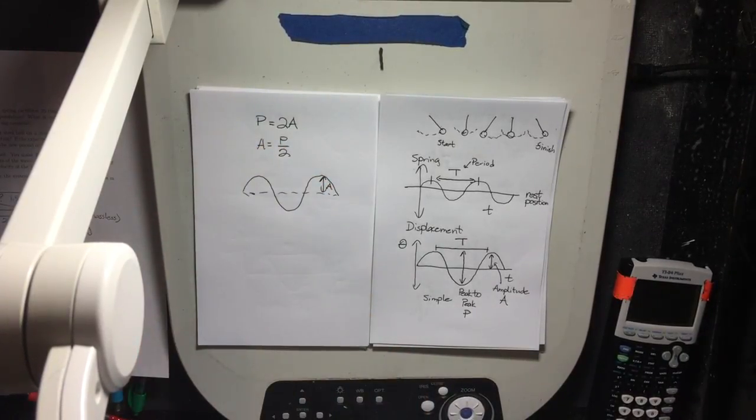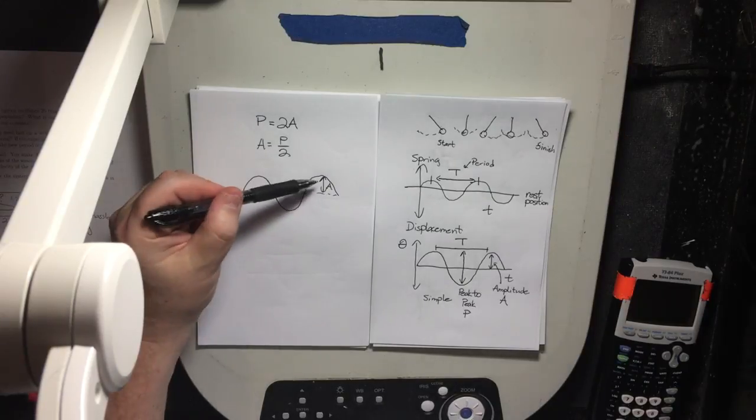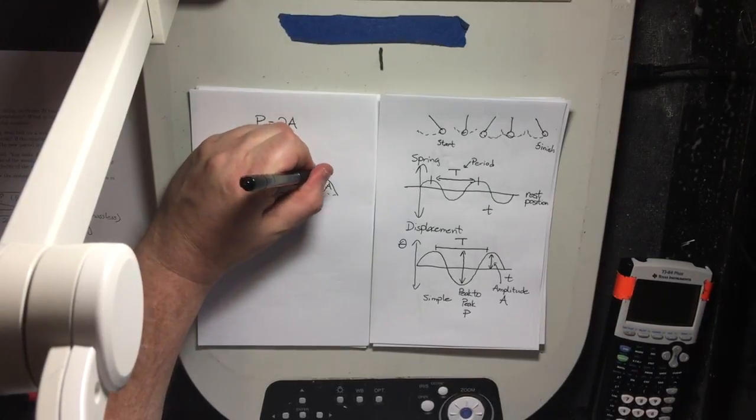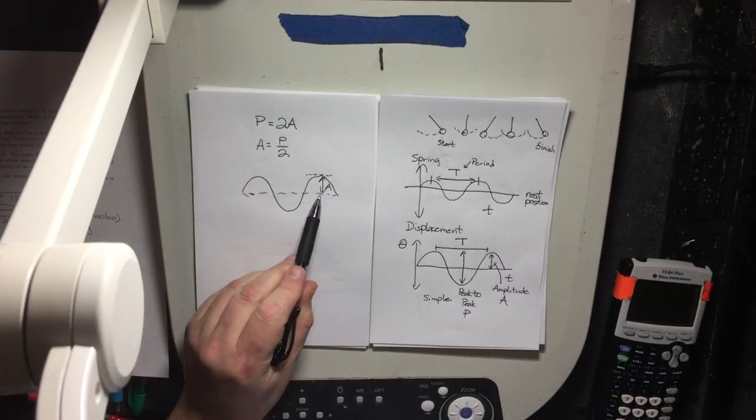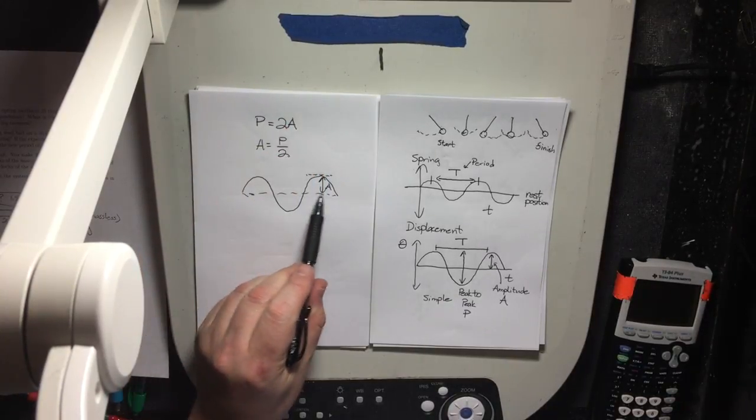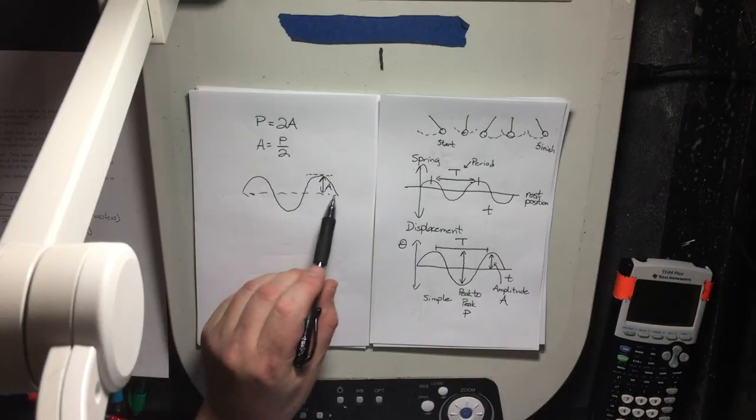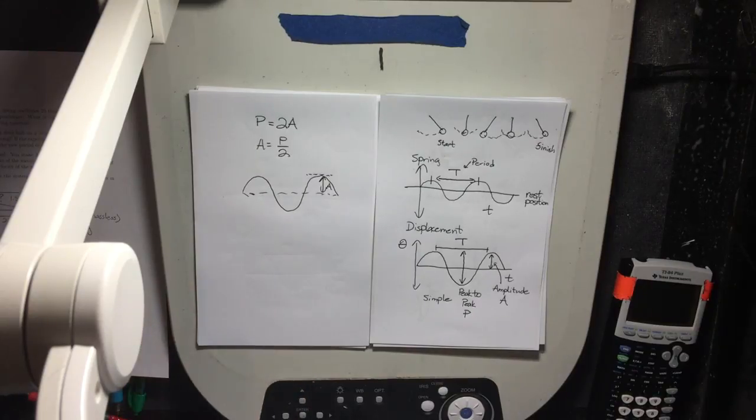How hard is it? Well, if you're in the lab, measuring the amplitude actually is kind of rough, because you can tell where this thing peaks out, but figuring out where this middle level is actually kind of difficult and not quite precise.